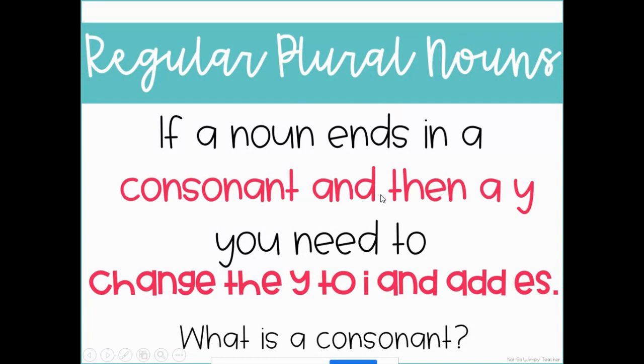Okay. If a noun ends in a consonant and then a Y, you need to change the Y to an I and add ES. So we're going to copy that, writing down everything except for what is a consonant. Let's copy that all down. If a noun ends in a consonant, remember, if you write all of this down when we're on our test and you can't quite remember, you can look back.